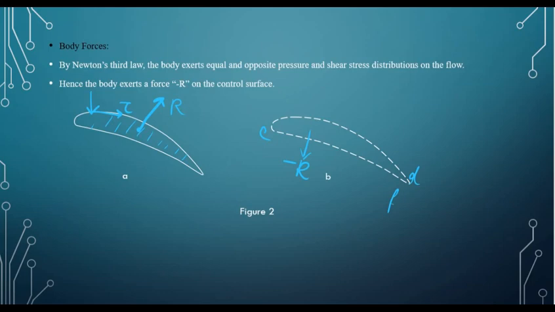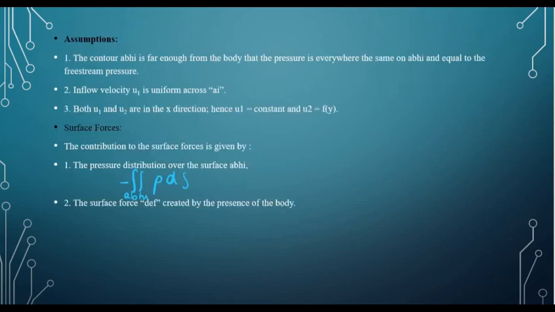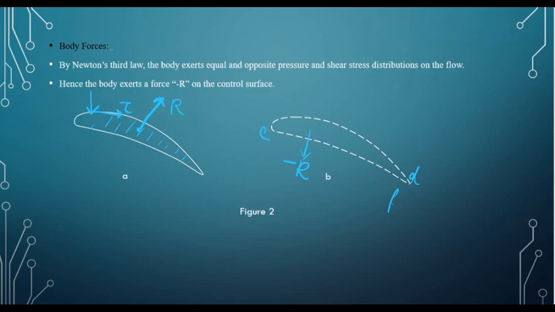So what is the total surface force on the entire control volume? It will be given by the integral over ABHI of pdS minus R prime. Kindly note here that this is not body forces, this is surface forces only.